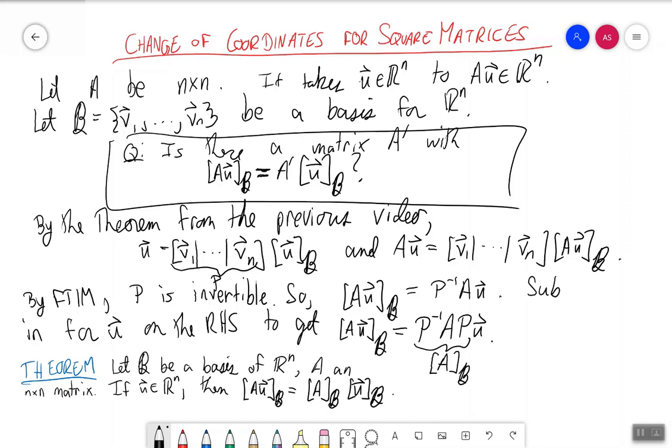Let B be a basis of Rn and let A be an n by n matrix. If u is any vector in Rn, then the coordinates of Au with respect to the basis B is the matrix of A with respect to the basis B times the coordinate vector of u with respect to the basis B.